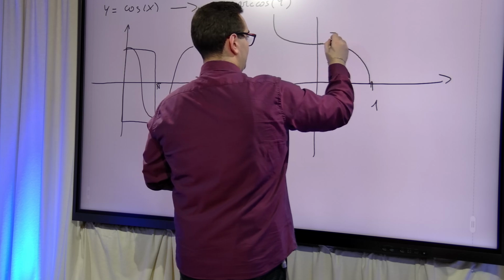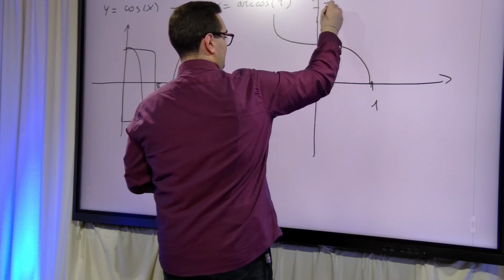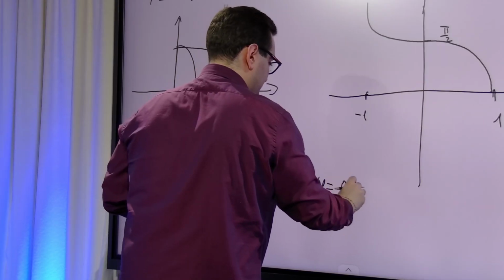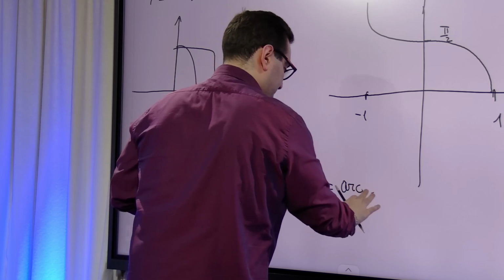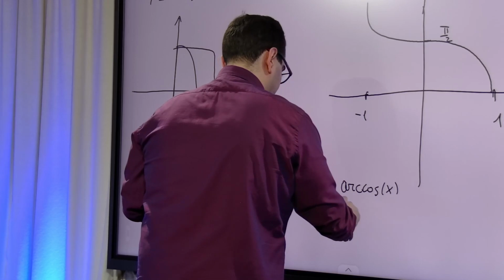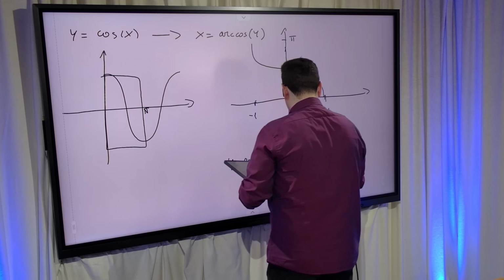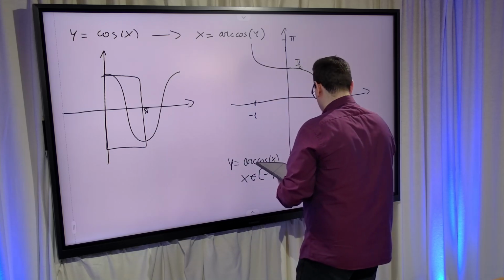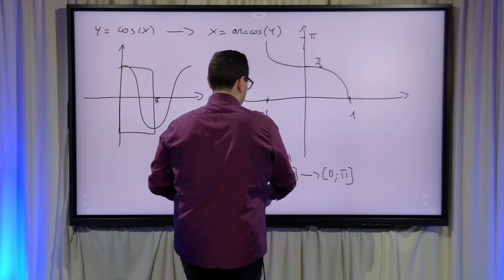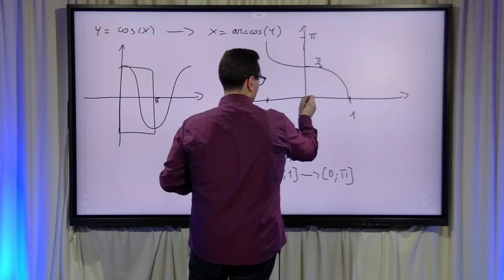So what I'm saying is that the arc cosine is a function that goes from -1, 1 to 0, pi.